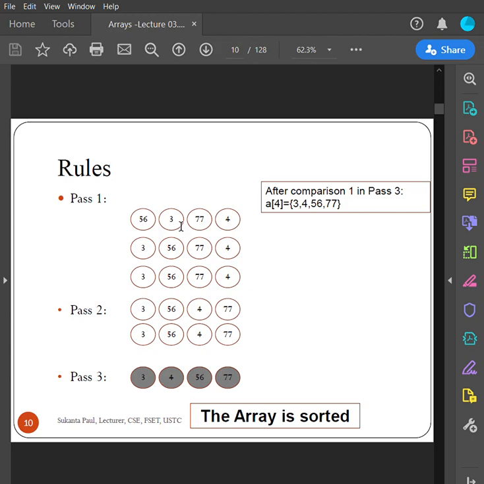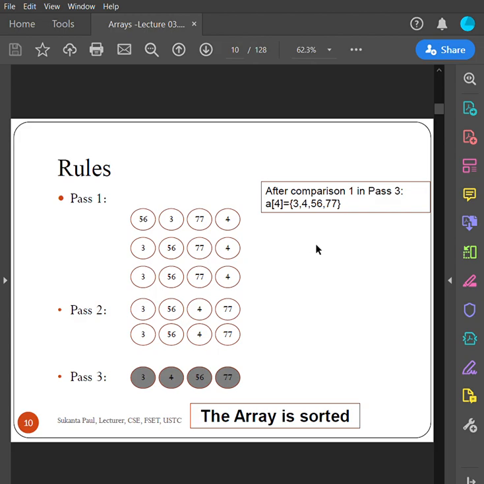If we apply descending order sorting, swapping will happen only while the first value is less than the second value. So that is the main point in bubble sort.